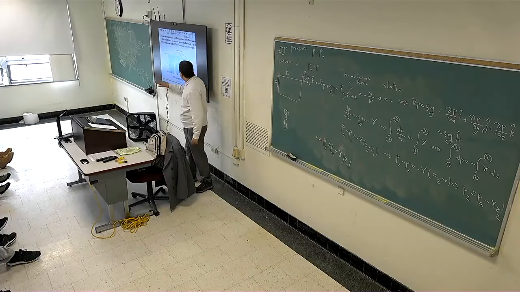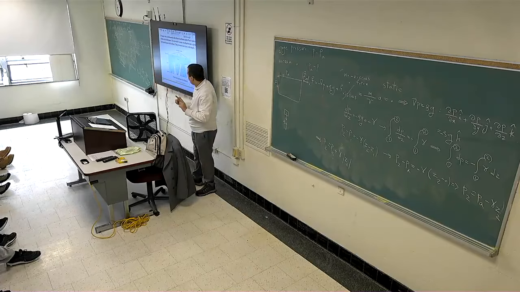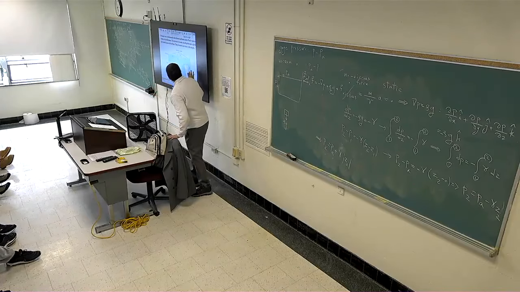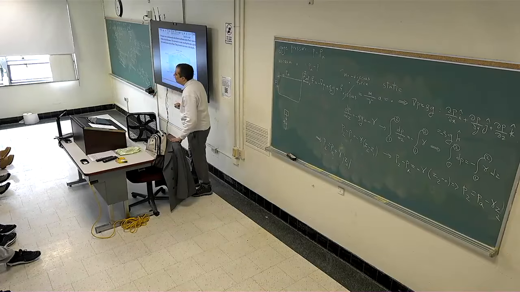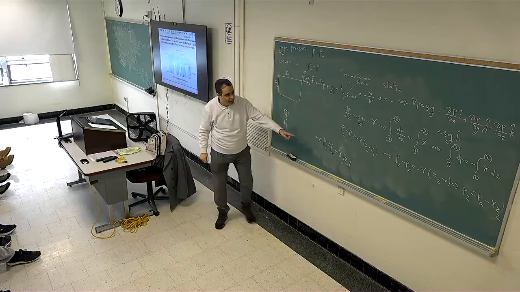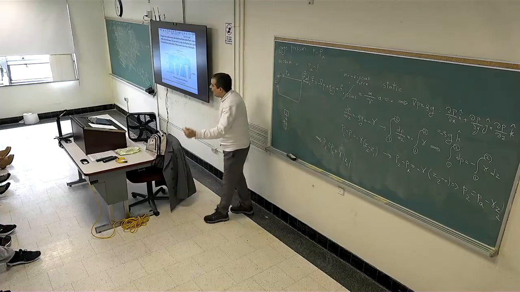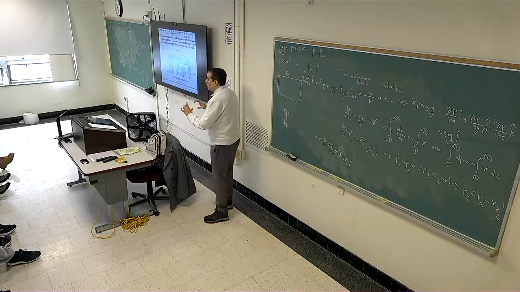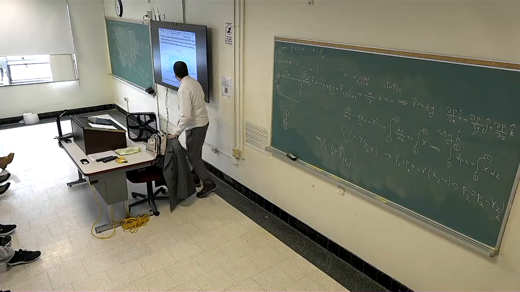Now, a difficult question. This bottle has water, but in this section we have mercury. And mercury has a much higher gamma than water. It is a very dense liquid.